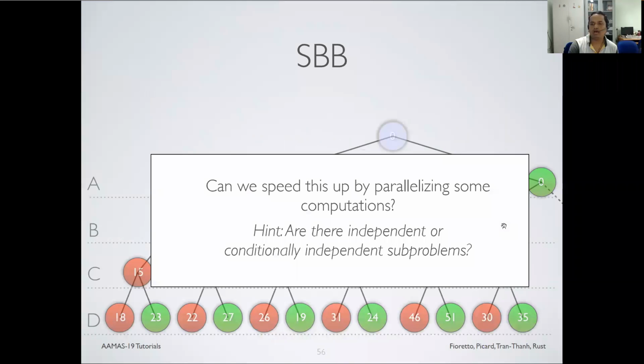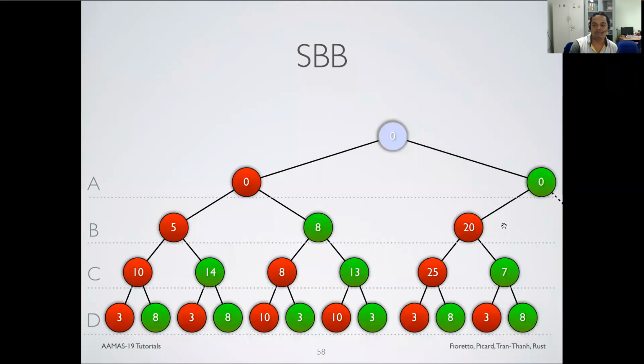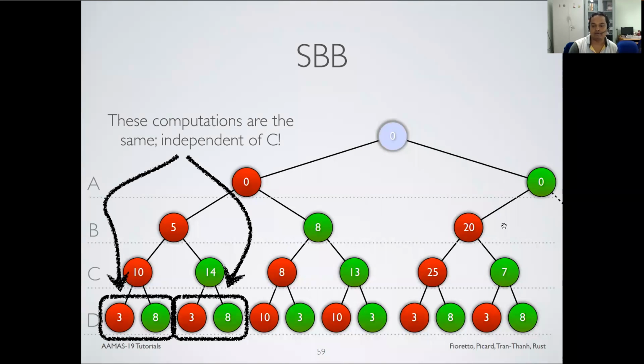Now this algorithm can be parallelized in some computation. That means in some portions you may find parallel values. For example, if you go from 10, you will get 3 and 8. From 14, you will get 3 and 8. Now, if you expand further, the branch of this and the branch of this will be the same.